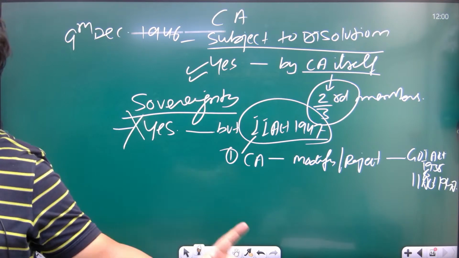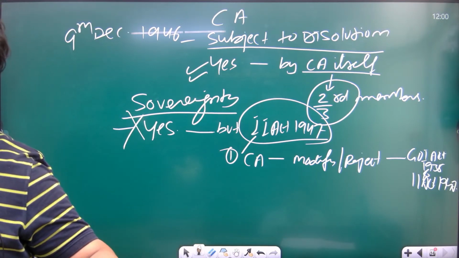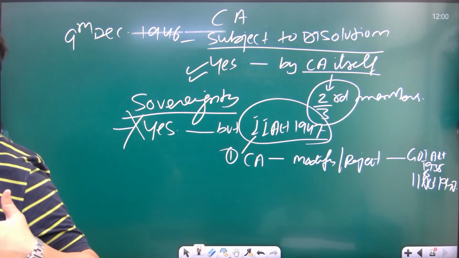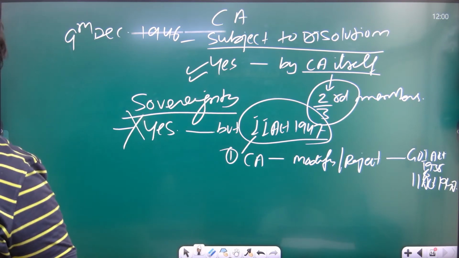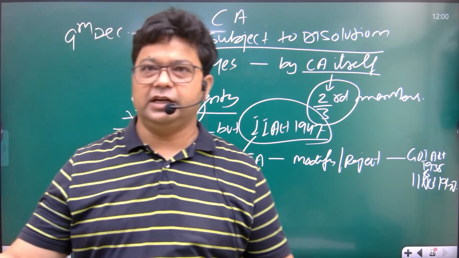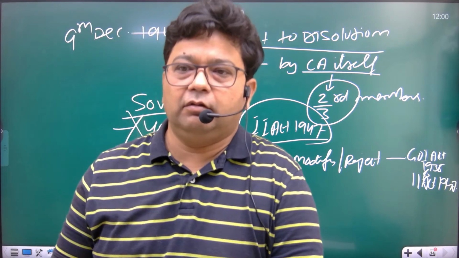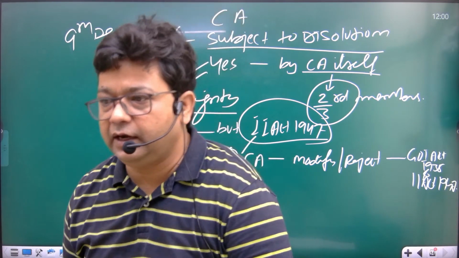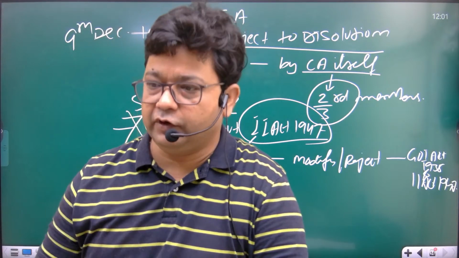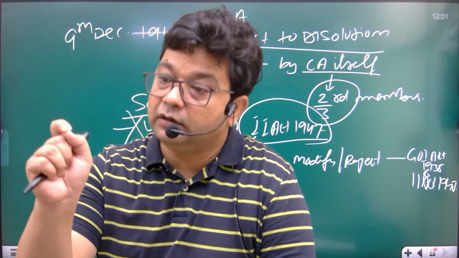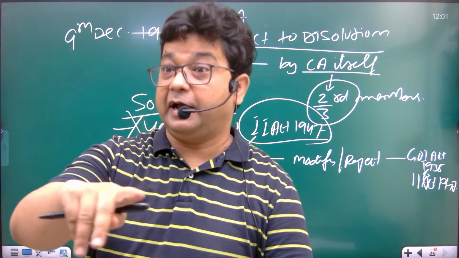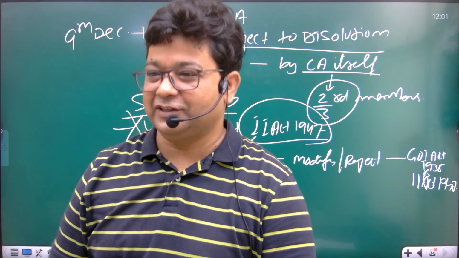I am asking that this power, that is the power to repeal, reject, or modify the Government of India Act 1935 and the 1947 Act itself, under what provisions is this power given to the Constituent Assembly? Give me an explanation.